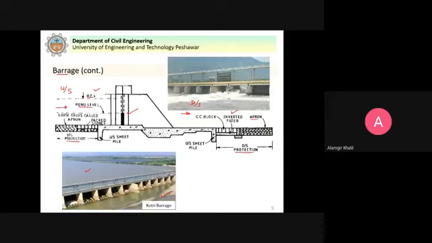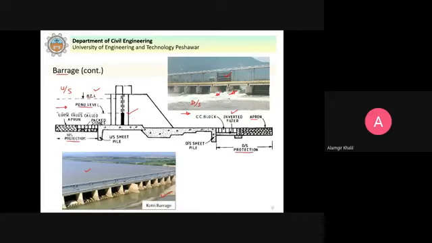You can see here the gates can be opened, the gates can be raised, and the water can flow through the gates downstream. So we will study the different components of the barrage later on in detail.